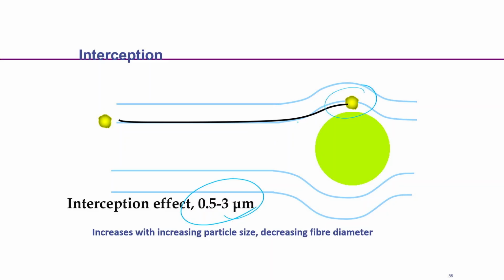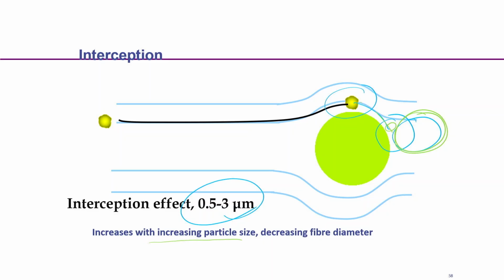So, it will travel the air path and it will be trapped somewhere where the distance between two fibers is smaller than the particle size, it will be intercepted there. Okay. So, this effect increases with increase in particle size.